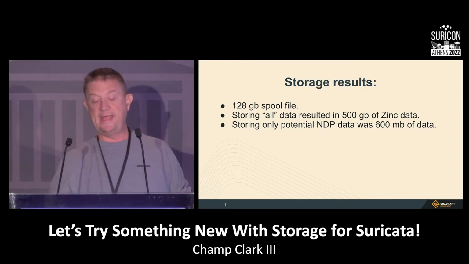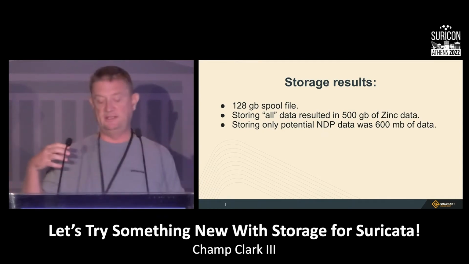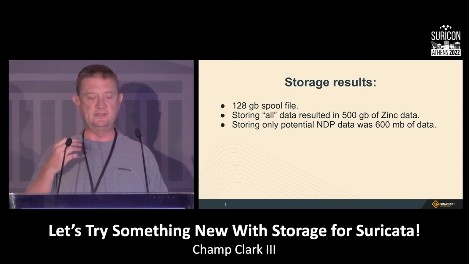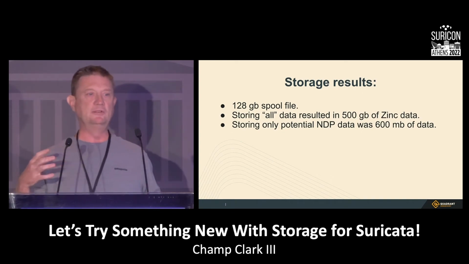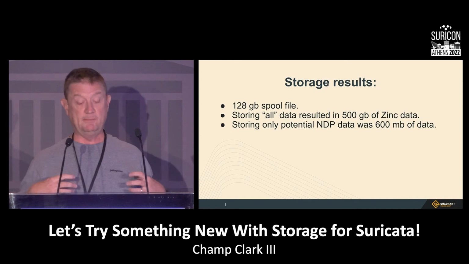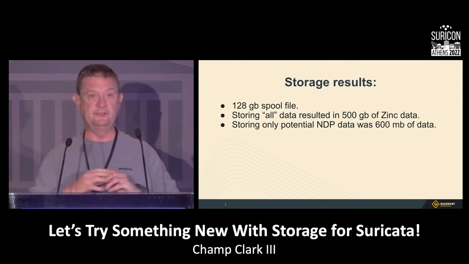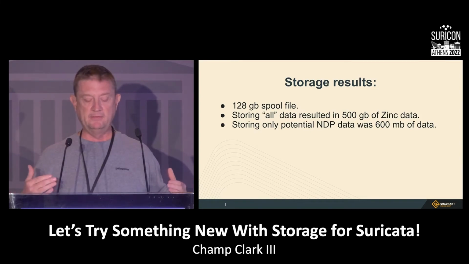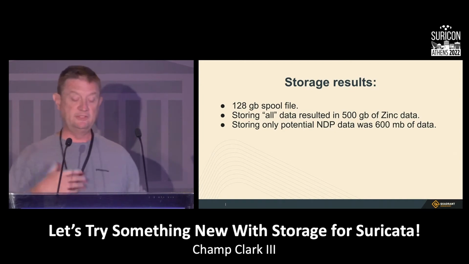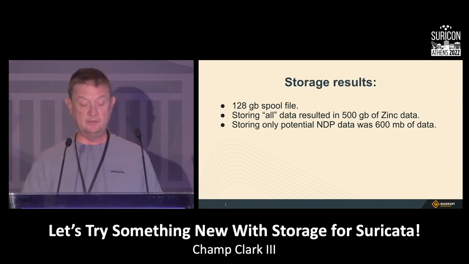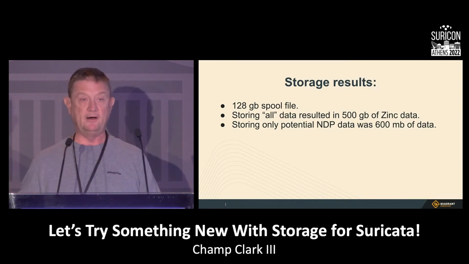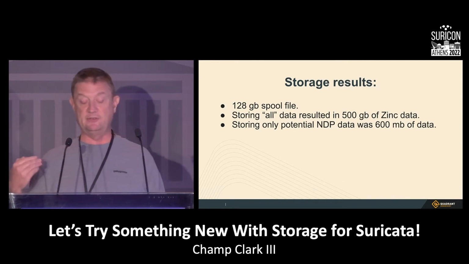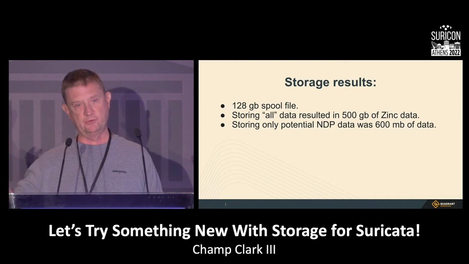So if you're making these tables in Zinc and it's non-repetitive data, your data storage actually goes down quite a bit. Now, granted, you're not getting the full visibility as you would if you were pumping everything into Zinc, but that's not what we're doing here. We're trying to make non-repetitive data. So just for instance, whenever I took a 128 gig spool file and fed it into Zinc, it would normally consume about 500 gigabytes in storage on the Zinc side.